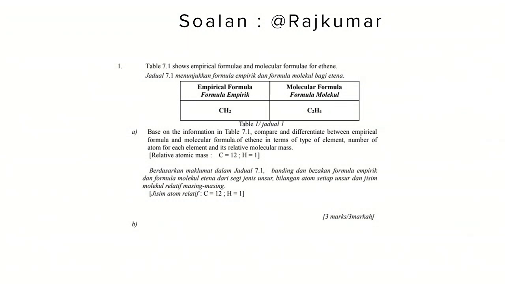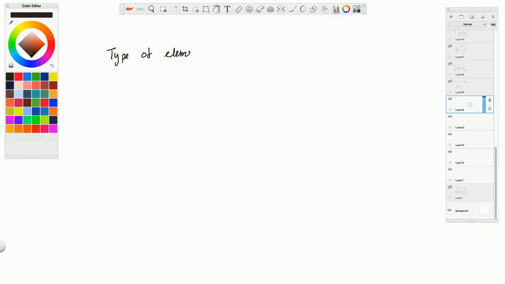Okay? So, these kind of questions, right? Always do it like this. Okay? So, the type of element for both is the same. Okay? The number of atoms for each element.